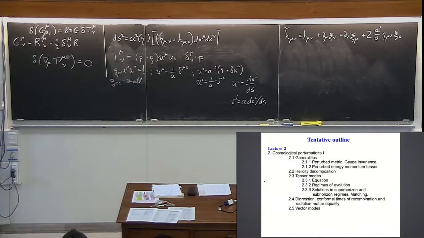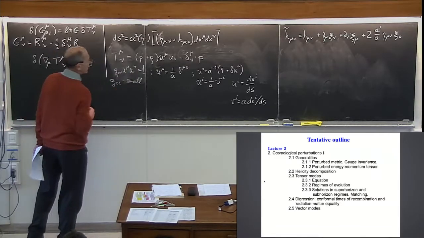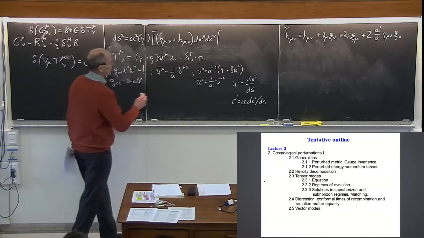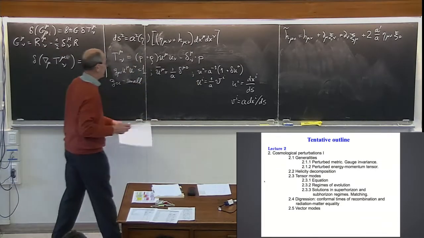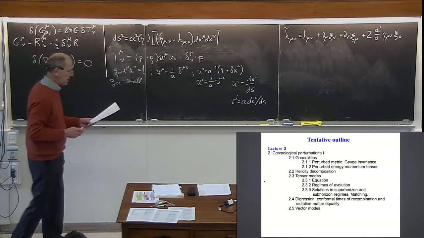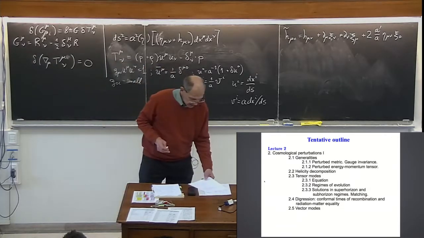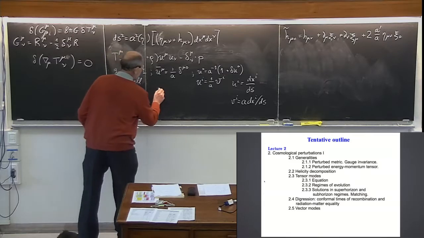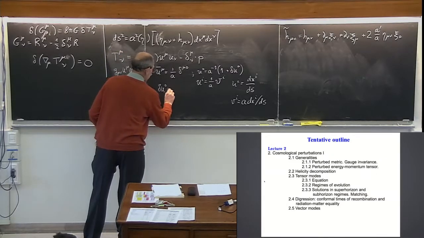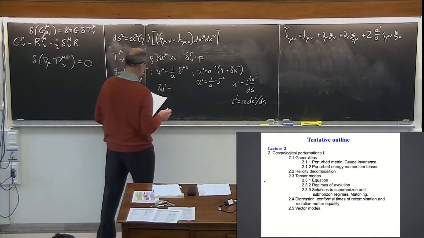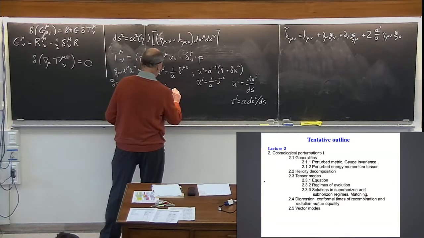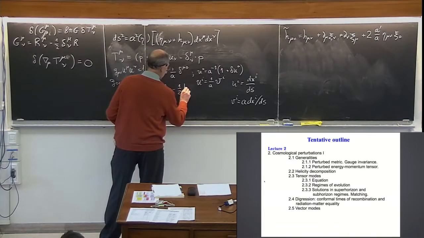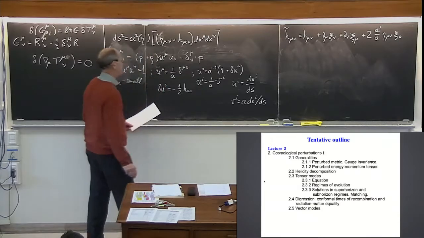On the background it vanishes. So the only thing that enters here to the linear order is just u0. Once you plug this in, then you obtain that delta u0 is expressed in terms of h00, minus 1/2 h00.